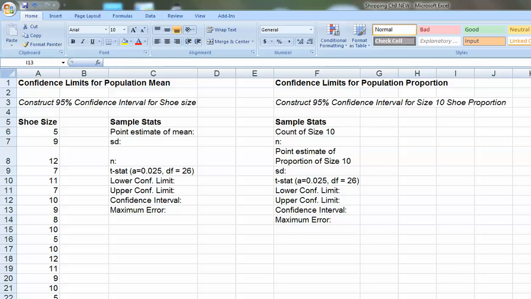Well, it turns out it's fairly simple to create this confidence interval. We need the mean, we need n, the number of sample points, and we need either the sample or the population standard deviation. With that much information, we can calculate this confidence interval.